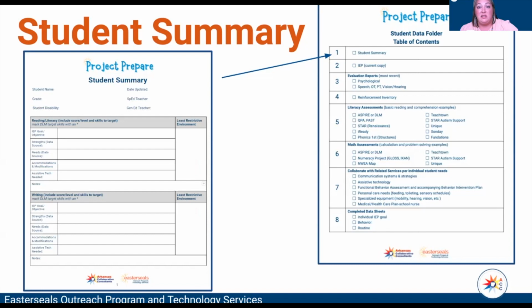So you're going to print these off for every one of your kids, or if you're a digital person, you're going to save a file for each one of your kids, and you're going to use it to capture information as you go through your data folders. And then if you look all the way across to the right, you will see least restrictive environment. And that's something we really, really have to consider for each one of our students.